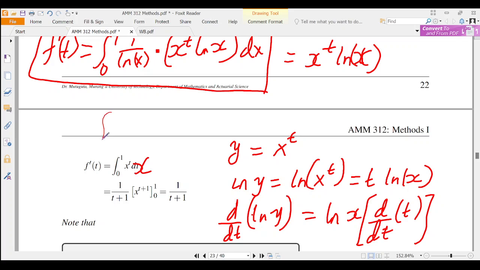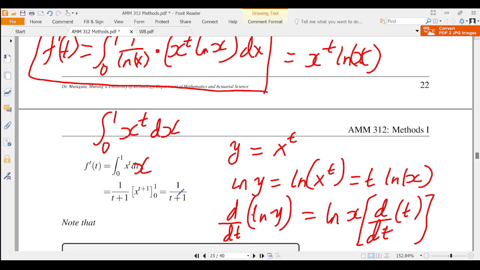So we have the integral from 0 to 1 of x raised to power t dx. When we are integrating a function x raised to power t, we simply increase the power of x by 1, so we get x raised to power t plus 1, and divide the result by the new power. So we have 1 divided by t plus 1, x raised to power t plus 1.